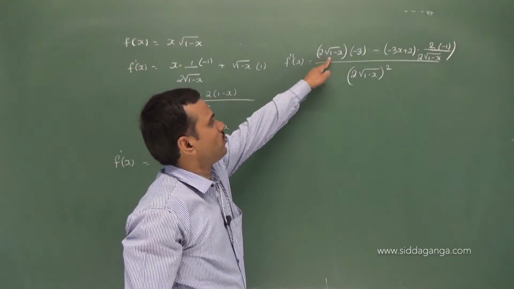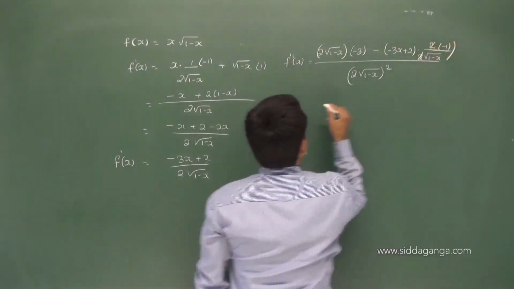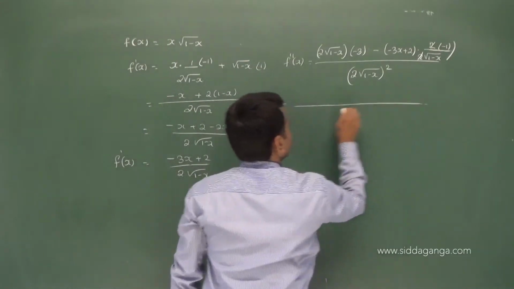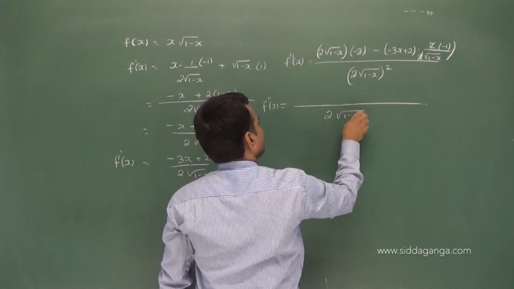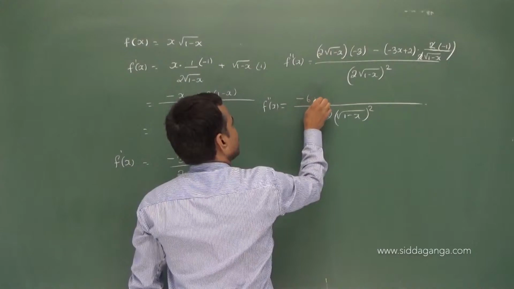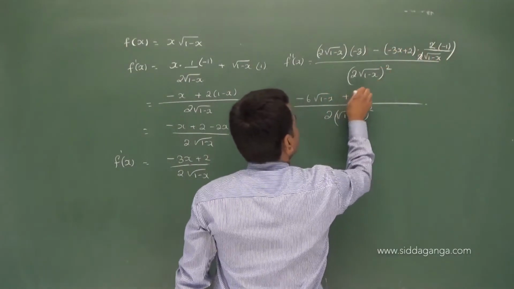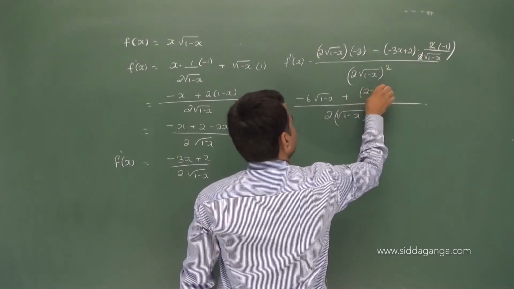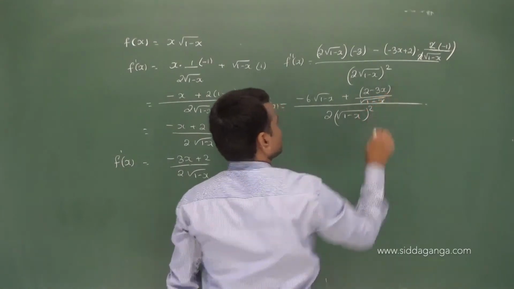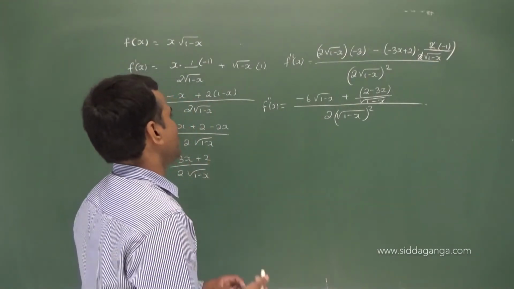So 2 into 1 by root of 1 minus x, the 2 gets cancelled. So f double dash of x is minus 6 into root of 1 minus x plus 2 minus 3x divided by root of 1 minus x, over 2 into square root of 1 minus x whole square. This is the second order derivative.